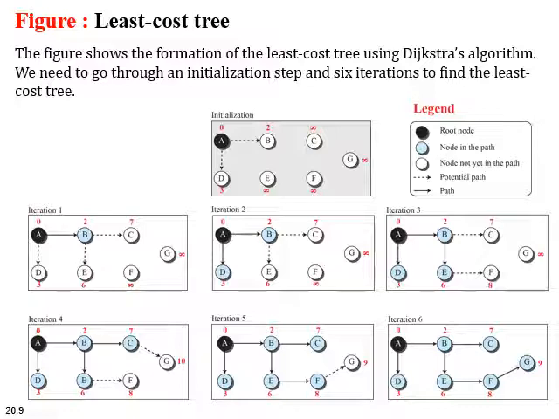So initially I am at node A, that is the source node. The cost of reaching A itself is 0, and A's neighboring nodes are B and D. So the potential path will be either this or this. These two nodes, B and D, are not yet in the path. They are not a part of the tree right now.